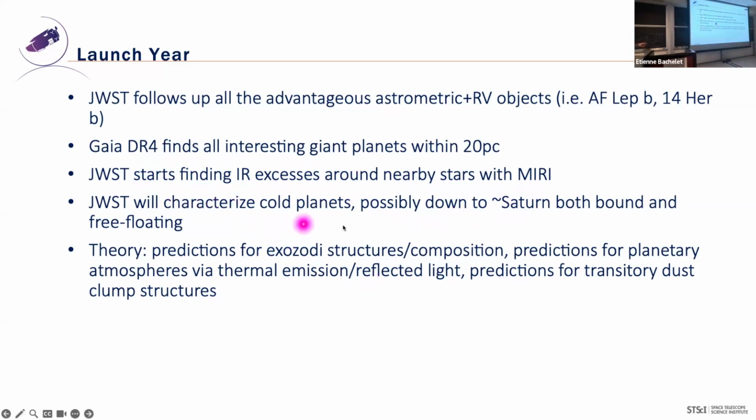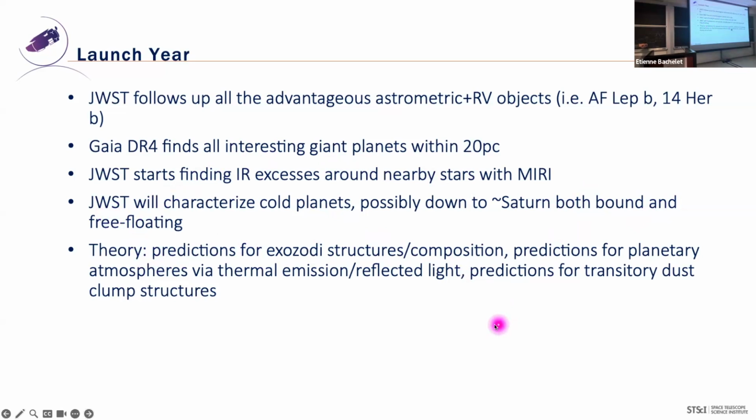And there are many, many programs, from a program I'm involved in looking at some cold planet candidates around white dwarfs, all the way down to Saturn type planets around young stars. But JWST in the mid-infrared and near-infrared will really start to characterize cold planets for the first time. And this will drive new models that hopefully will be around by the time we're thinking about what we're going to be doing with CGI.